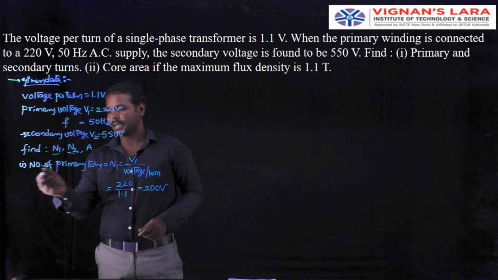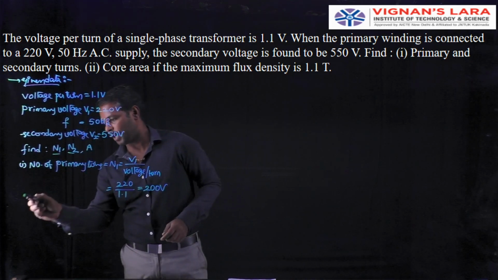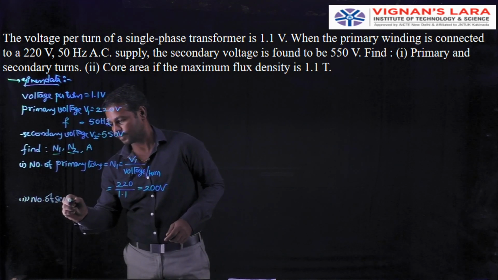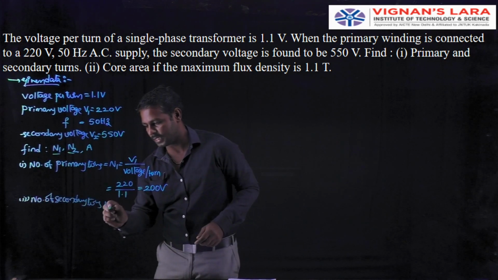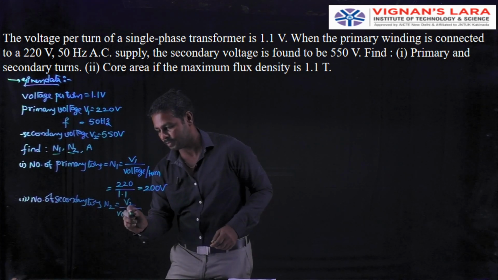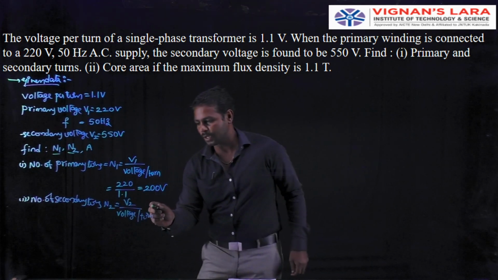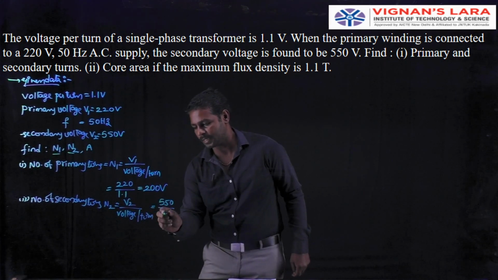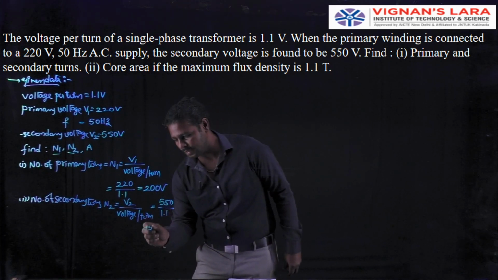The second one is the number of secondary turns, 550 divided by 1.1. So the number of secondary turns N2 is equal to V2 divided by the voltage per turn, which is equal to 550 divided by 1.1, so it is equal to 500 turns.